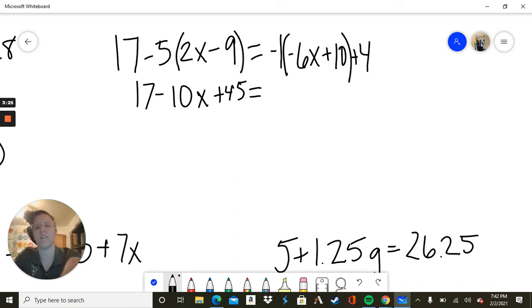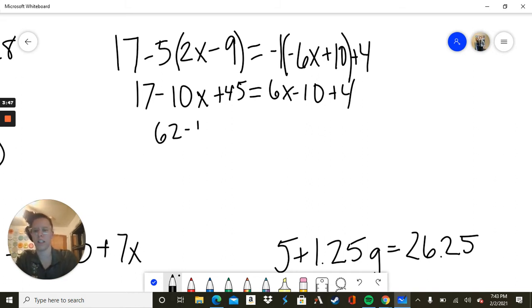So negative 1 times negative 6 is going to be positive 6x minus 10 plus 4. We'll combine like terms on the same side. So if we add 17 and 45, we're going to get 62 minus 10x equals 6x minus 6, because negative 10 plus 4 is going to be negative 6.